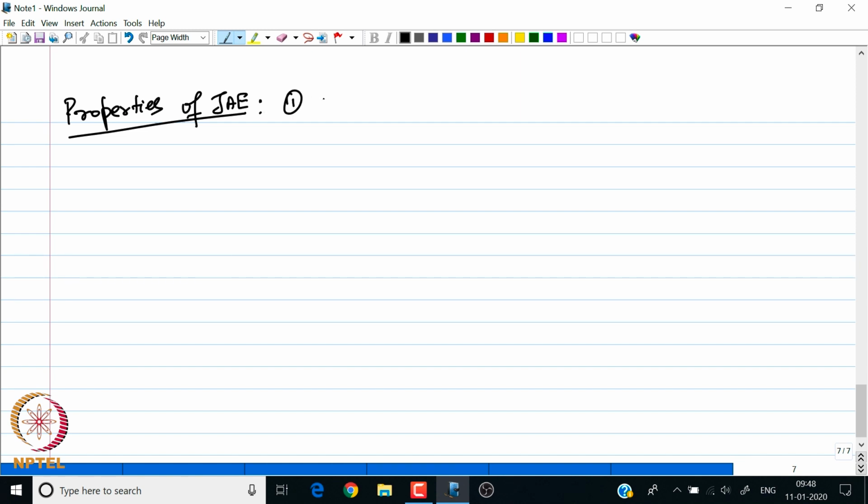The first property is that the smoothness of f implies that the second derivative of f with respect to y prime and b are also smooth, right.